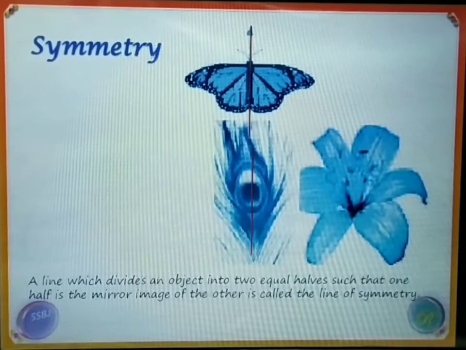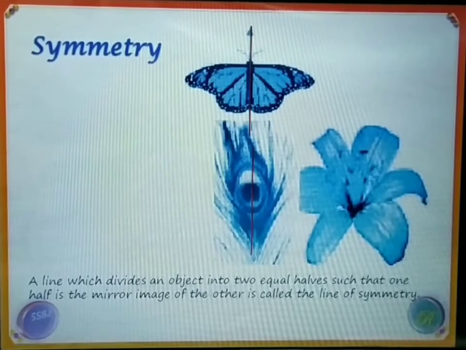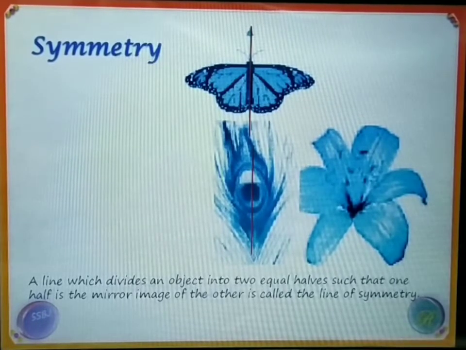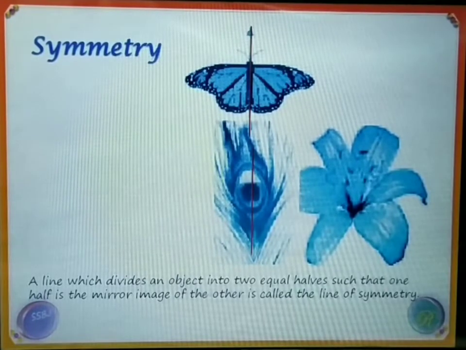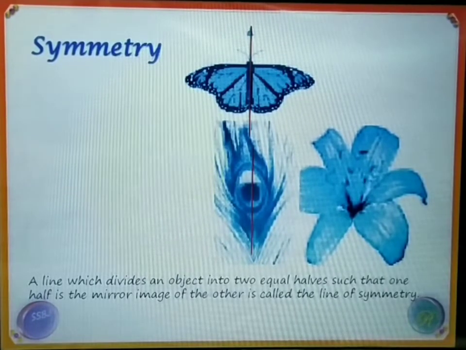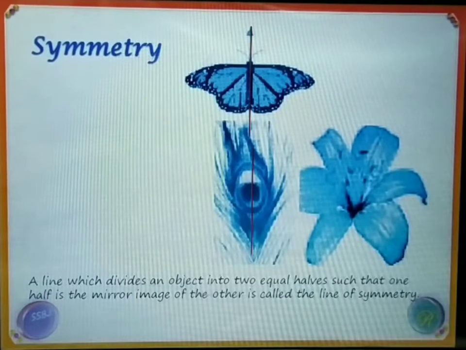A line which divides an object into two equal halves such that one half is the mirror image of the other is called the line of symmetry.